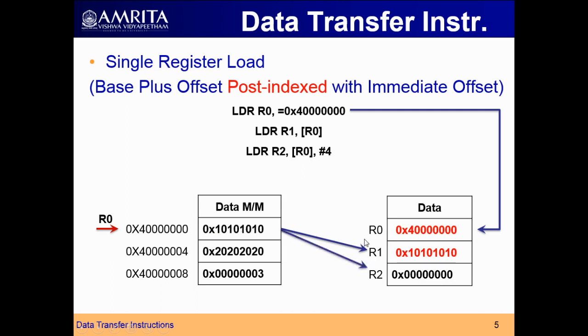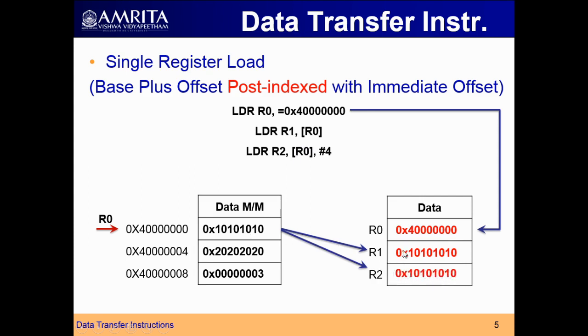This data will be moved on to R2. So what will be the content of R2? Previously R2 was 00. After executing this, the data pointed to by R0, that is this data, will be moved on to R2.